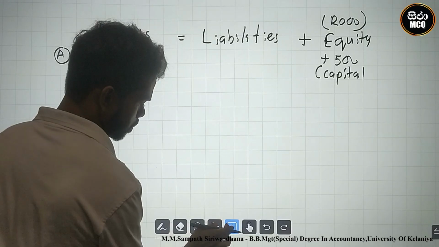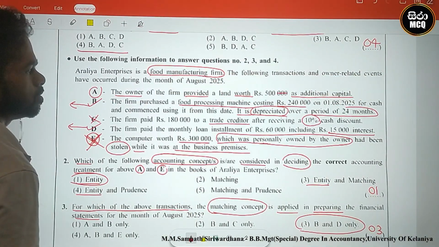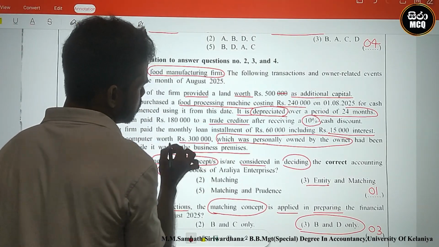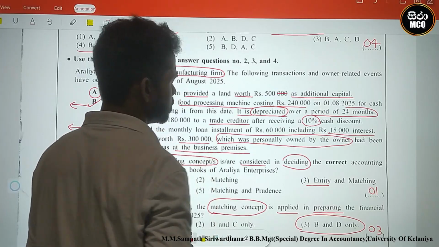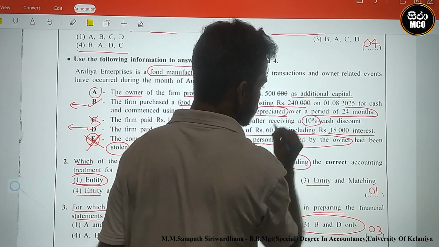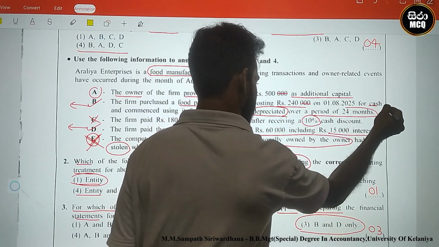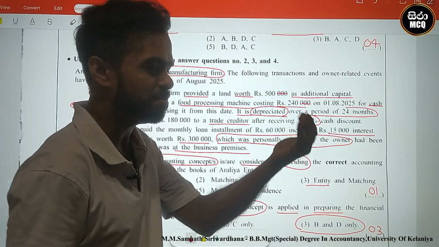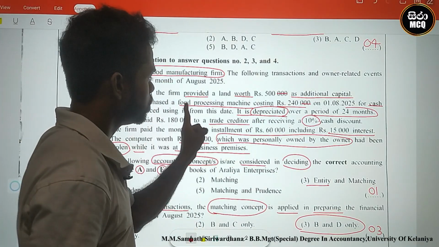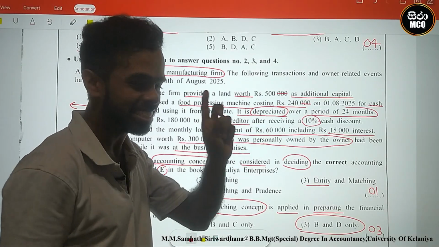Second one. First one is easy. The firm purchased a food processing machine costing 240 on 1st August 2025, paid in cash, and commenced using it from this date. The second one also involves depreciation.